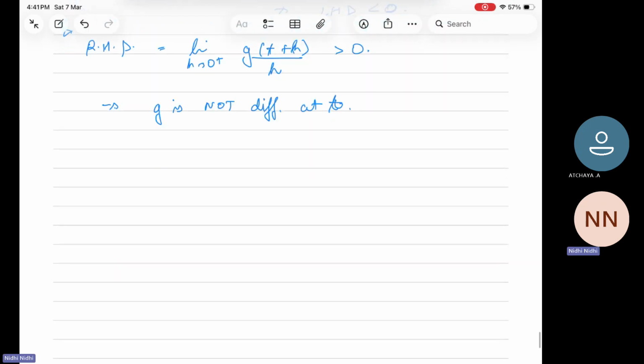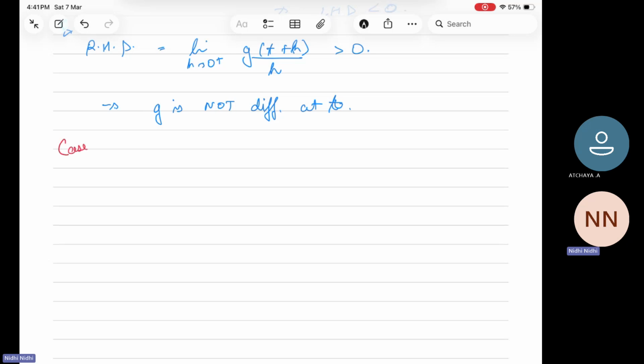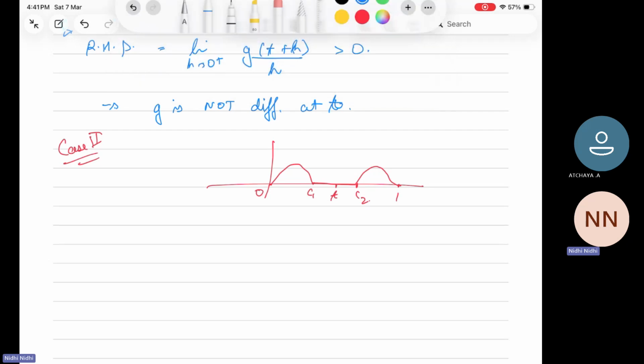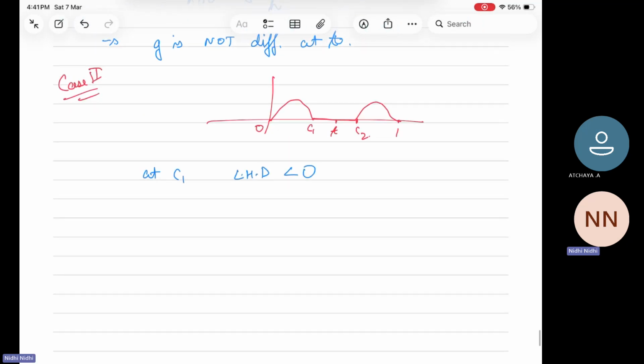So another possibility is that it was 0 somewhere before t and it was kind of constant. Case 2, the graph of function g was something like this. If this is point C1, this is point C2, in this case, using exactly the same arguments, you can see that at C1, the left hand derivative will turn out to be strictly negative, as we were seeing earlier.